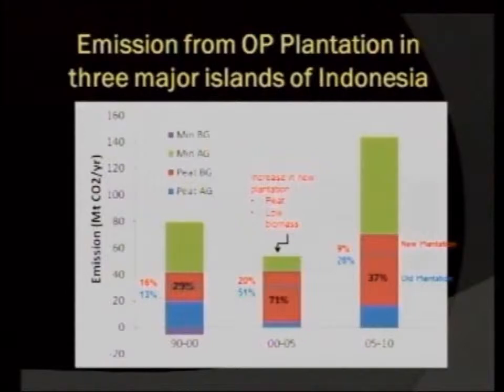and mineral soil. What we see here is for the three major islands of Indonesia, there is a little bit of decrease in the emission from the period of 1990 to 2000. But in the last 5 years, it's increased tremendously.